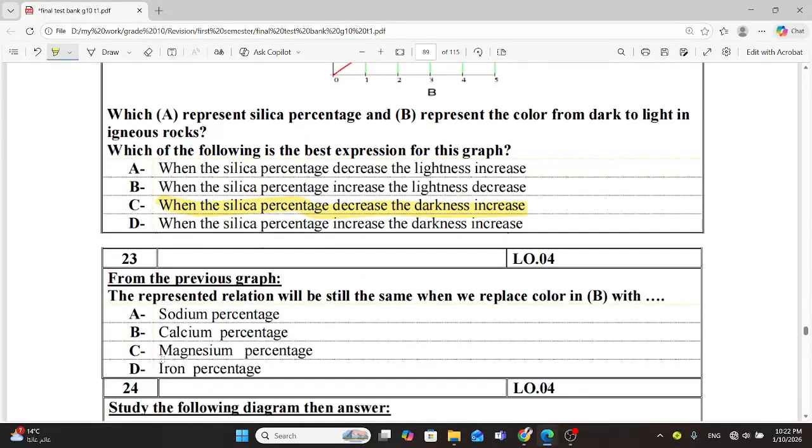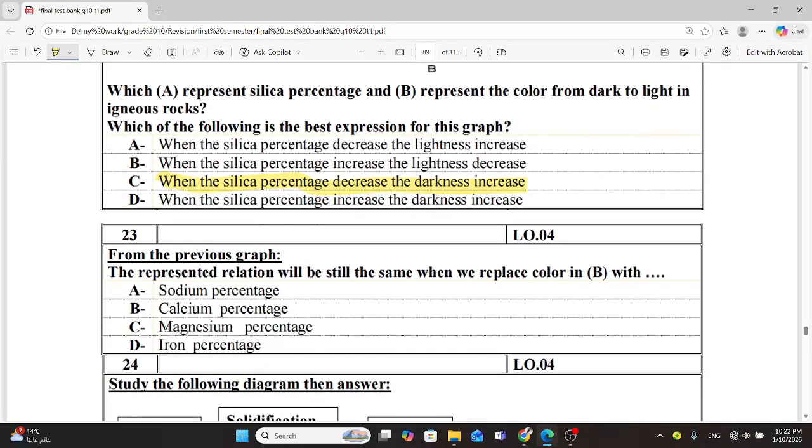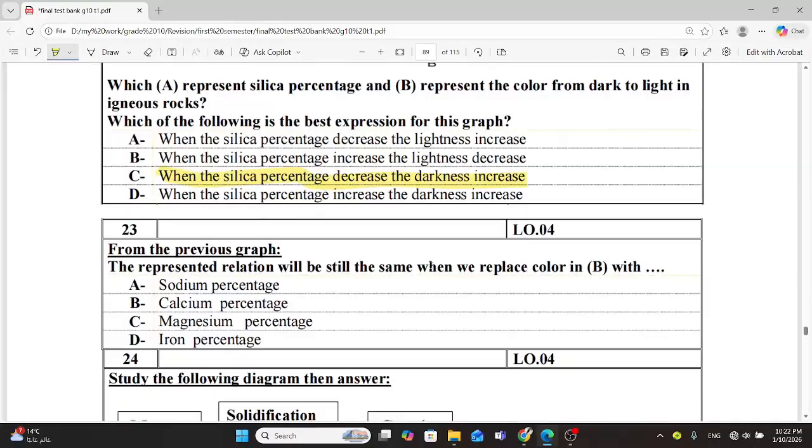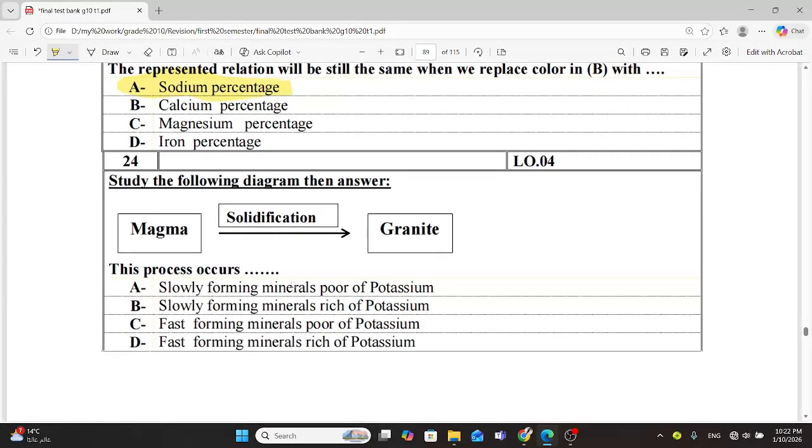Question 23: from the previous graph, the percent relation will still be the same when we place color in B with sodium percentage. Next, magma solidification: granite. After solidification, the magma becomes granite.